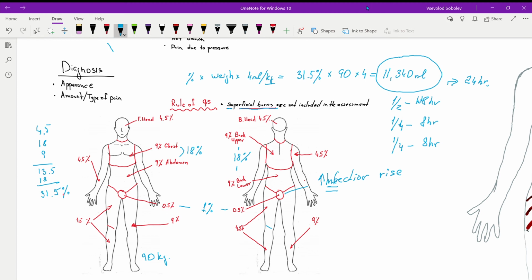Let's say you have to infuse 5,820 milliliters, your gallon, in 8 hours. Oh. Okay, what am I writing?